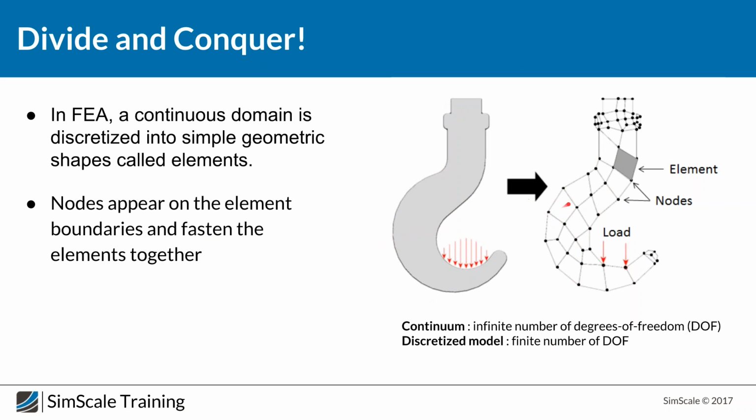And basically every one of these elements represents a finite piece of material. And the nodes, which are at the corners of this element, are connecting everything together. And that is basically the idea of FEA, and therefore divide and conquer is maybe a thing you should remember, which will help you a lot of times to remember the basic fundamentals of FEA.